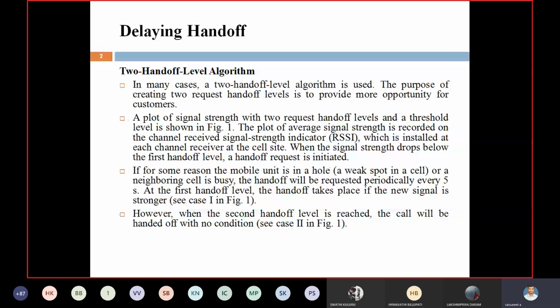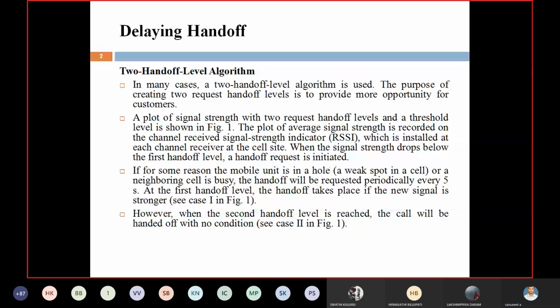What is the purpose? Why are we using this two-level handoff or delaying handoff? It is to provide more opportunity for customers.